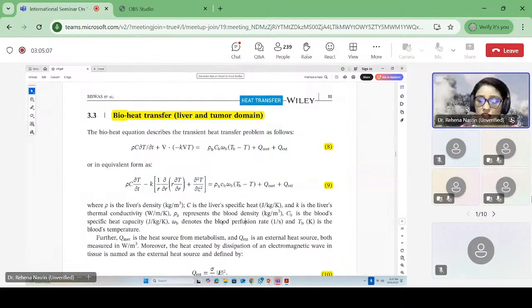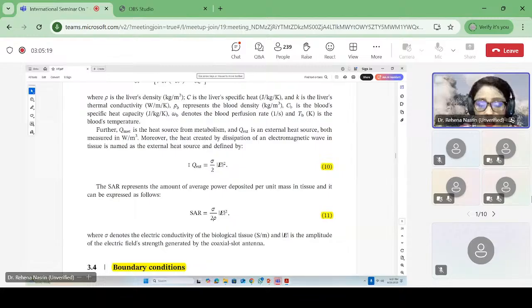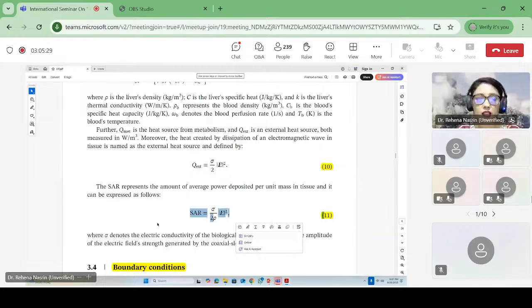And the doctor just sets all these three parameters based on the physical condition of the patient. So we just analyze, this is the external heat source part, and this is the SAR, the specific absorption rate for biological tissue.